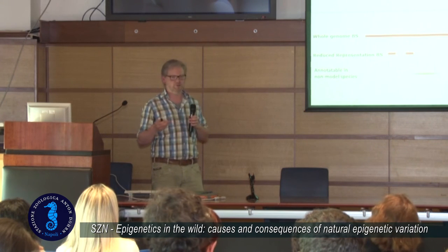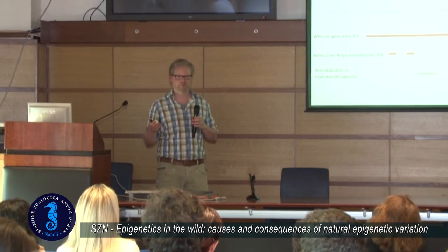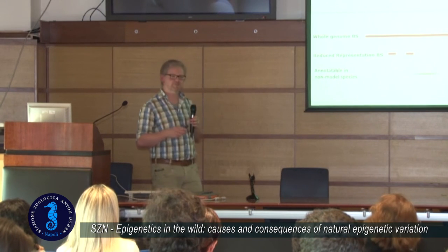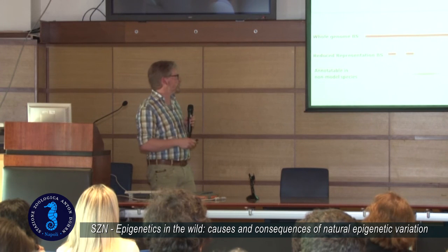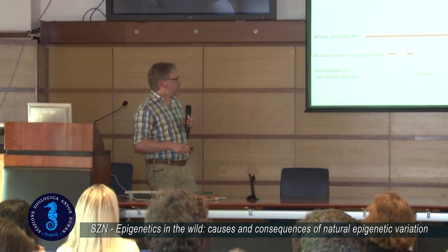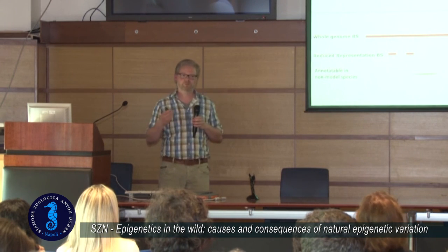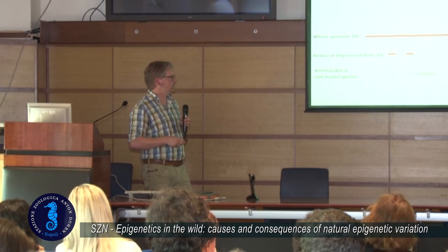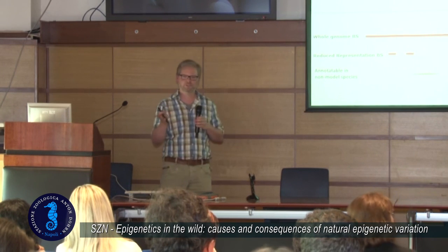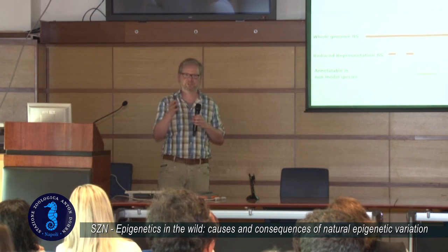Also, it's hard to do that if you work in a species with a big genome, because it's expensive, and people do this in Arabidopsis, but Arabidopsis has a really tiny genome for plants, which makes it affordable. So what people refer to is reduced representation bisulfite sequencing, where they first select small parts of the genome associated with specific enzymatic restriction sites.